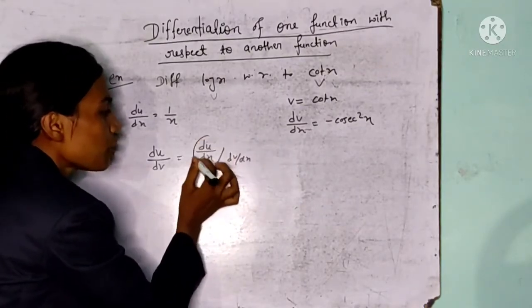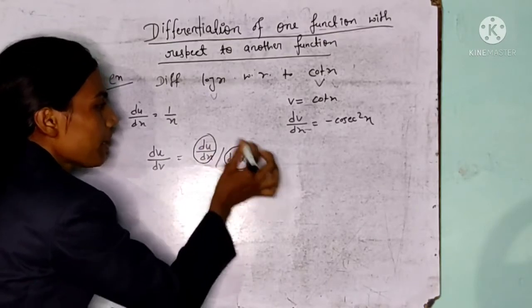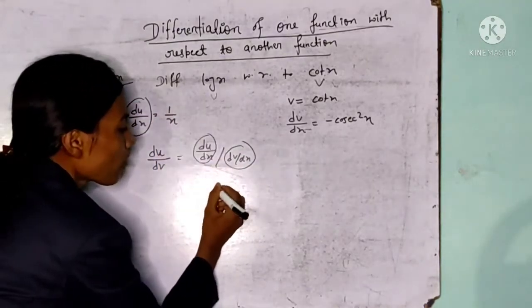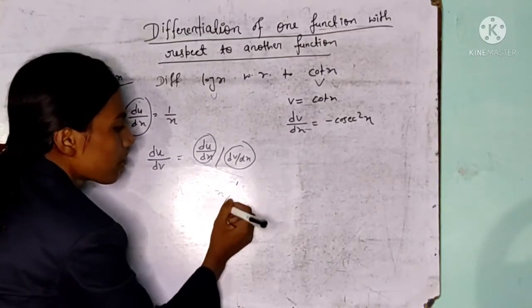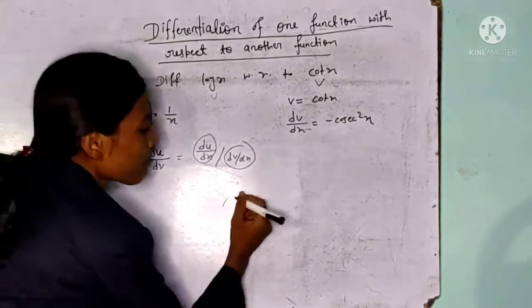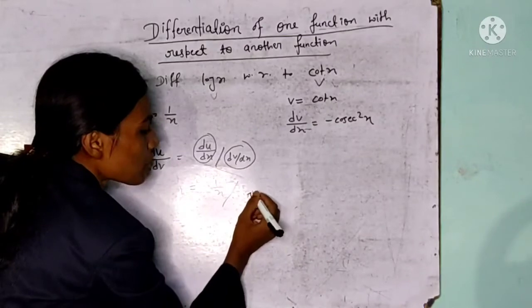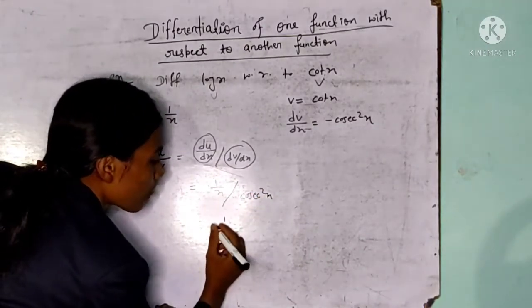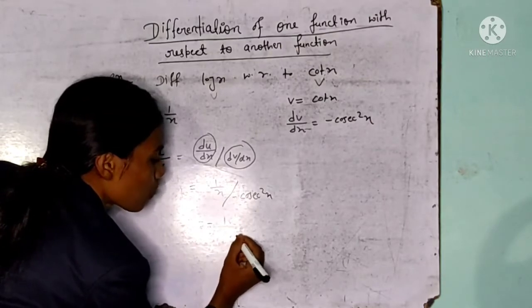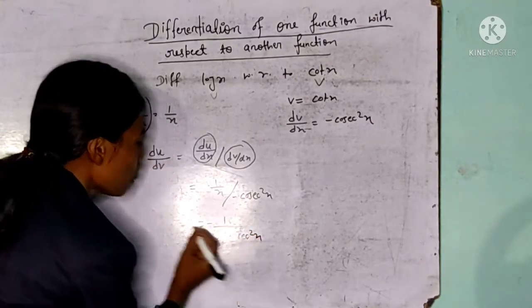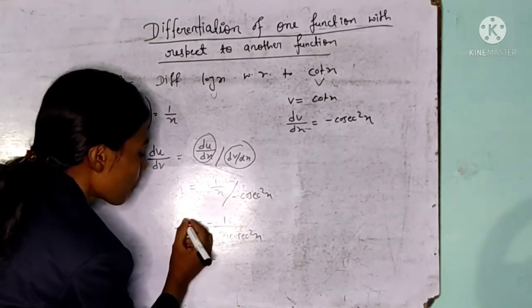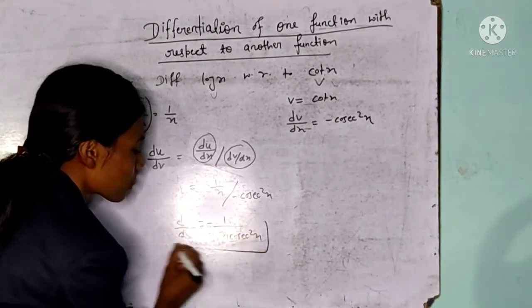Just substitute the du/dx value and the dv/dx value. The du/dx value is 1 upon x, divided by the dv/dx value, minus cosec squared x. Now separating this, we get minus 1 by x into cosec squared x. So this is very easy to differentiate one function with respect to another function.